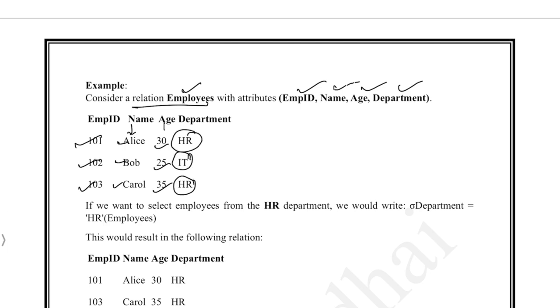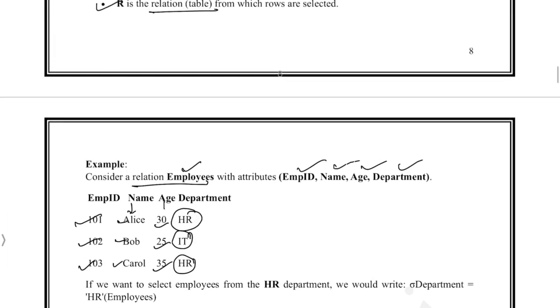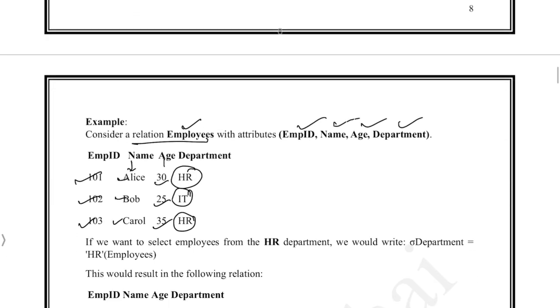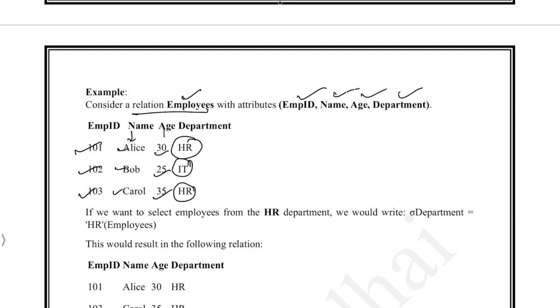Now, if I want to perform a selection operation, let's try a query. If you want to select employees from the HR department, we would write sigma department equals HR.